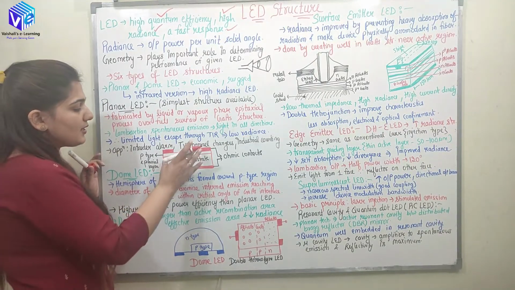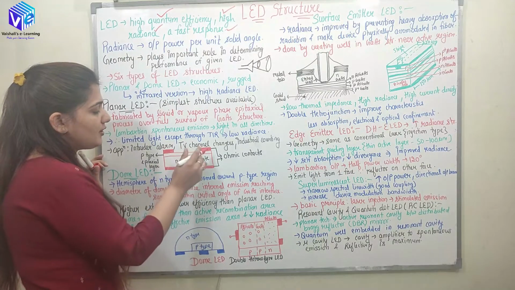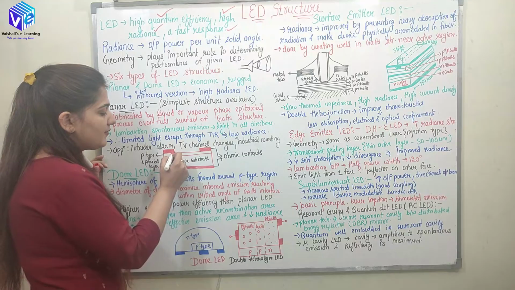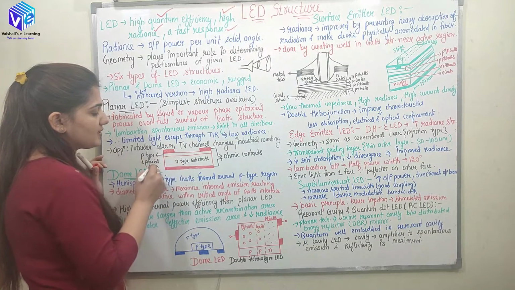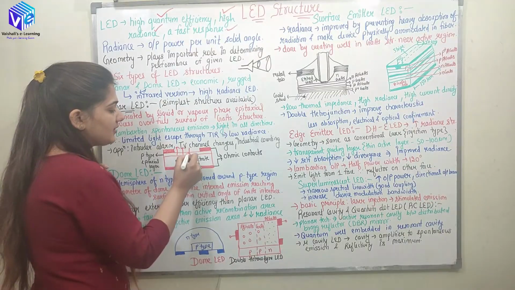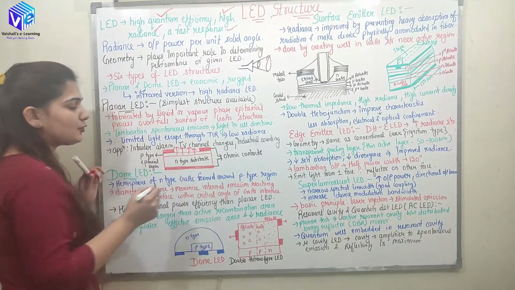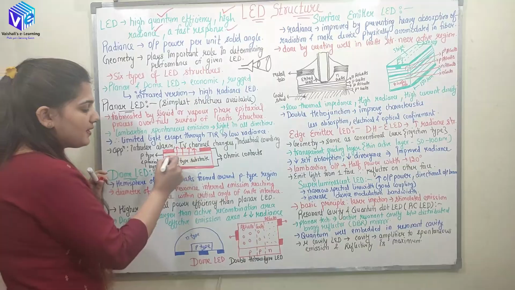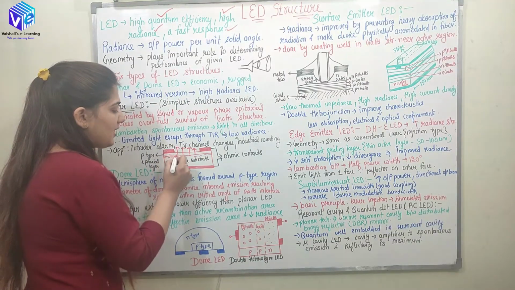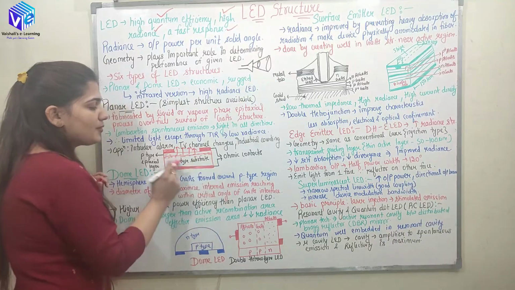Now you can see a significant portion of this P-type epitaxial layer is covered with the help of these ohmic contacts. So the light can emit only at this portion and the total internal reflection will be happening. This is the junction formed in the N-type and the P-type region, and the depletion region is formed around here.